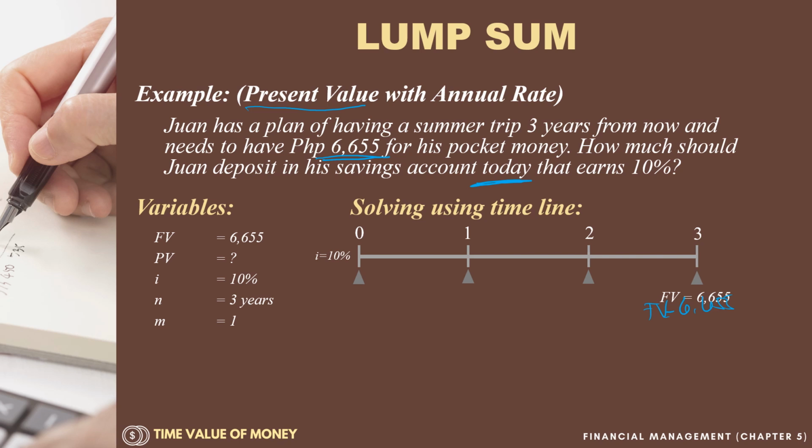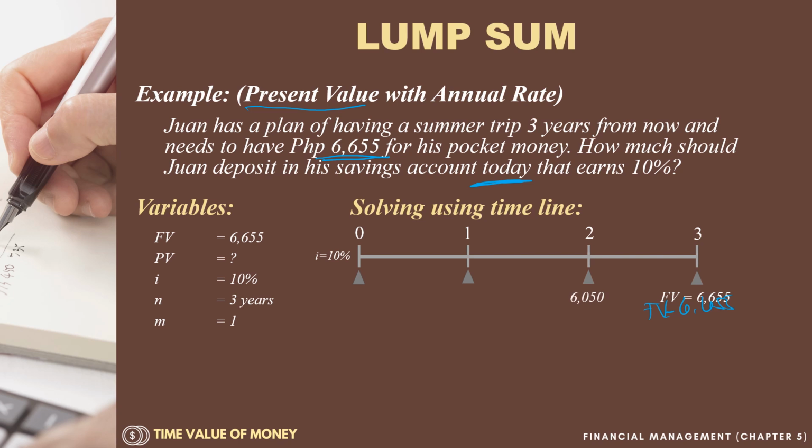Since we're looking for our present value, we will be doing the discounting. So here, we will be using the future value factor in discounting our future cash flows into the present value.